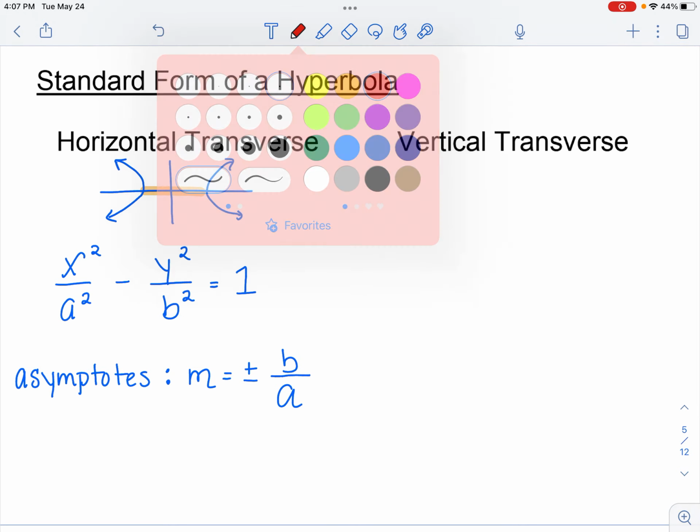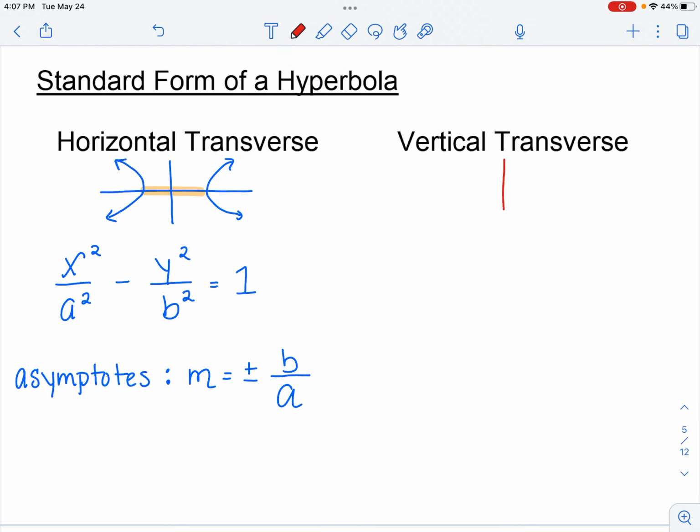Now, what if we have a vertical transverse? A vertical transverse looks like our opening graph, where I have one branch going up, one branch going down. The difference here is this will be y squared over a squared, the y comes first, minus x squared over b squared equal to 1.